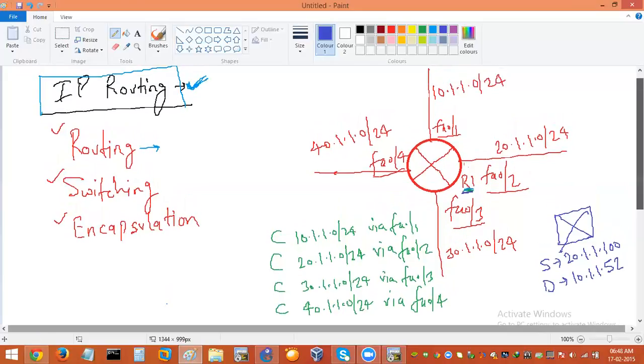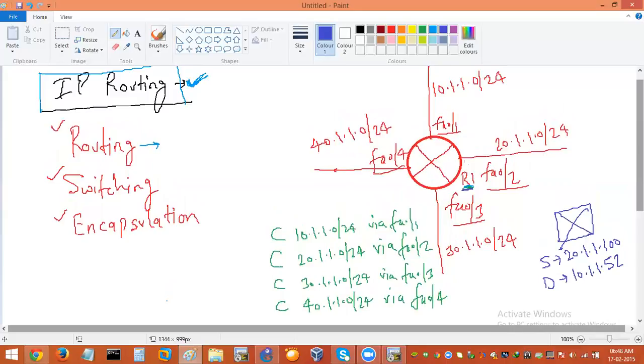Based on this information, could you please tell me which interface this packet is going to arrive on R1? Means for this packet, what is going to be the incoming interface?